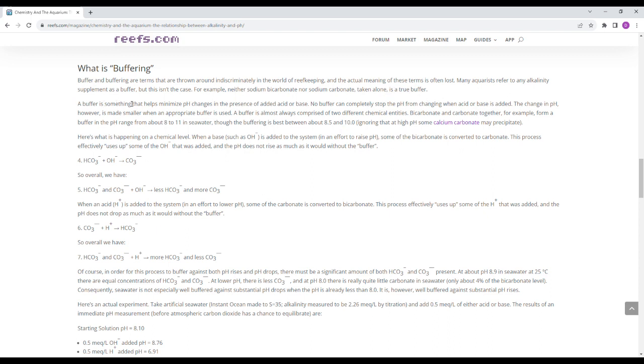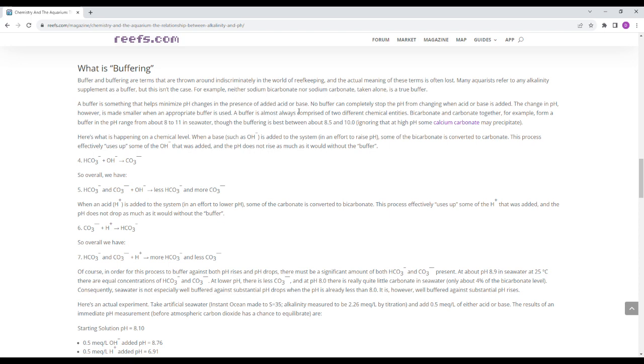A buffer is something that helps minimize pH changes in the presence of added acid or base. No buffer can completely stop the pH from changing when acid or base is added. The change in pH, however, is made smaller when an appropriate buffer is used.